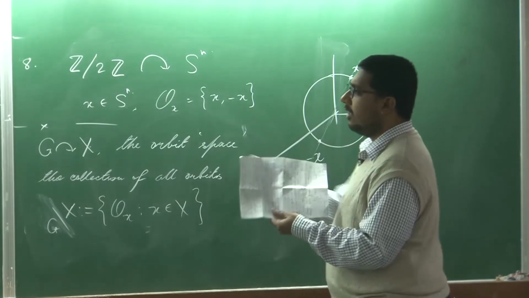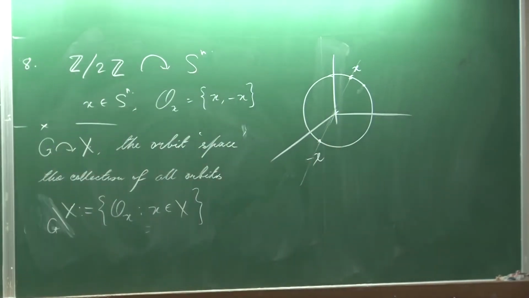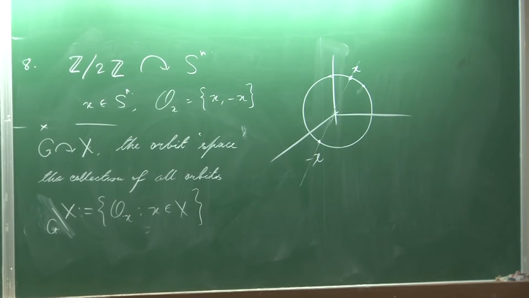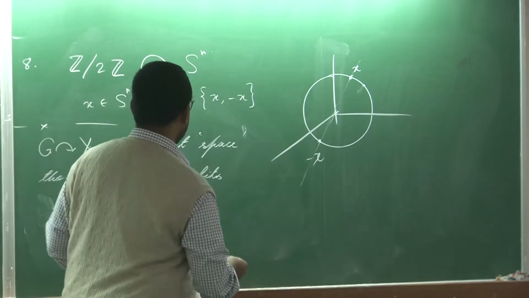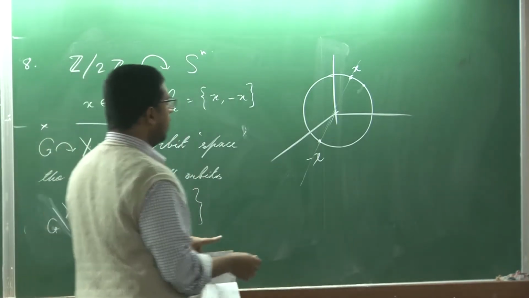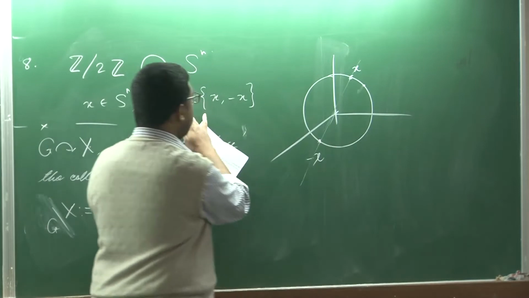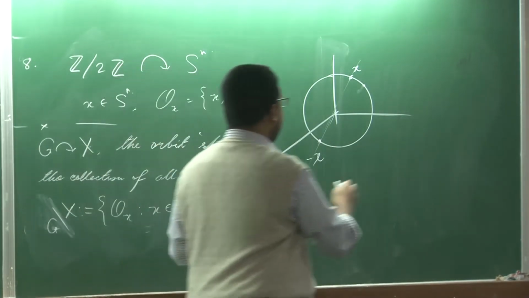Given any two diametrically opposite points we have a unique line joining them. In that way we have a natural identification of the collection of all such orbits, that is, the orbit space under this action.